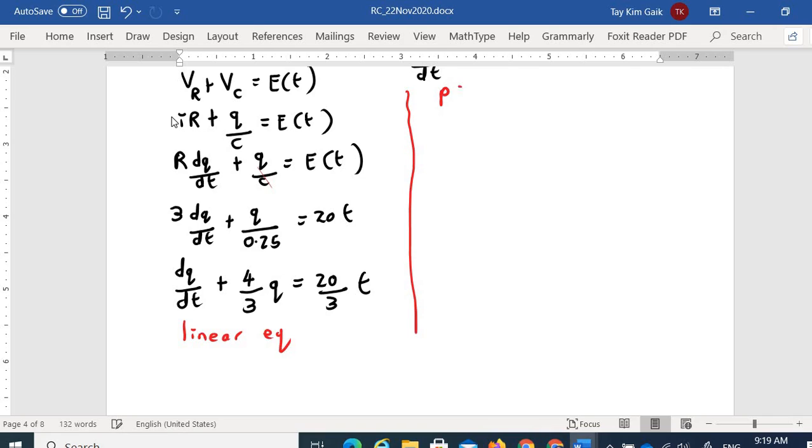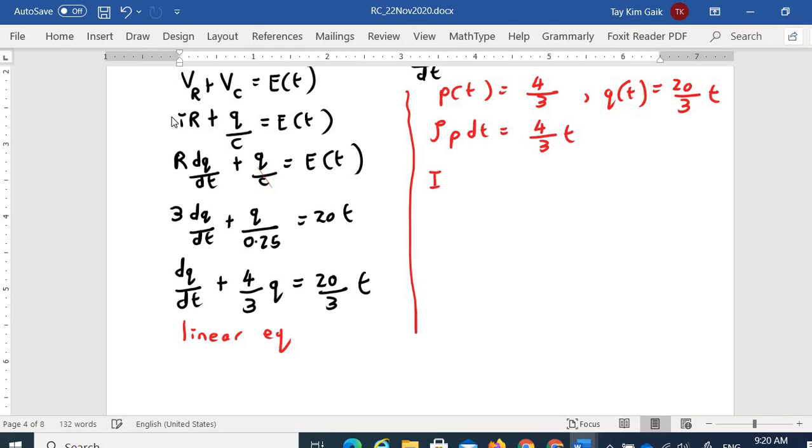Here your p(t) is 4 over 3. q(t), now you have a function of t, 20 over 3 t. So the integral of p dt gives 4 over 3 t.